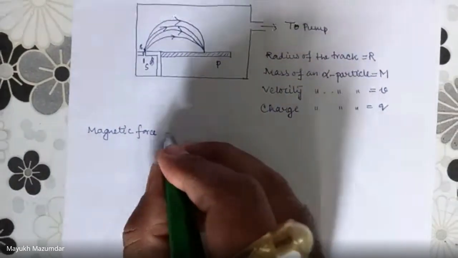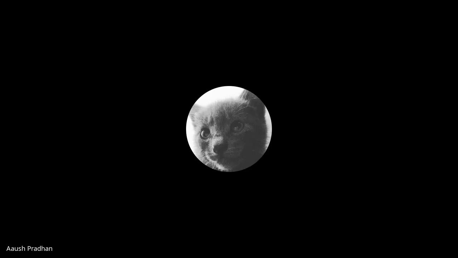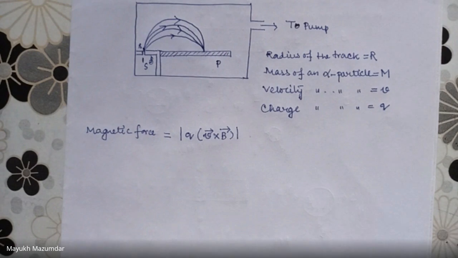So what is the expression of magnetic force? If I take the modulus at least, it is q into v cross B. That is the magnetic force, right? Yes, sir.